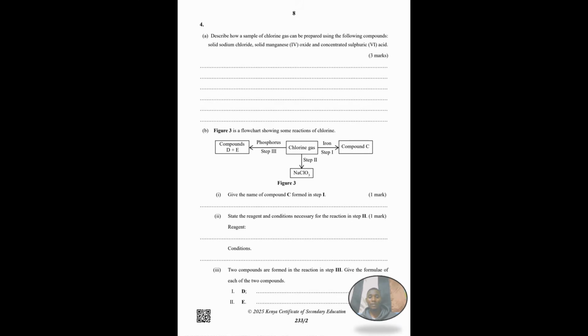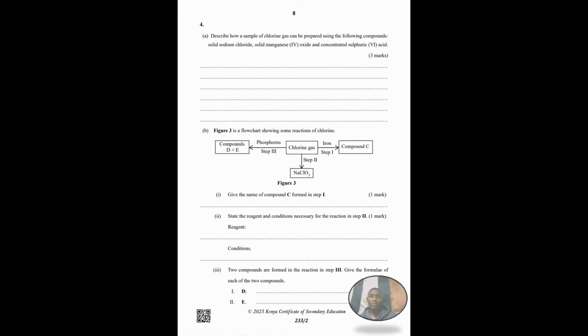Remember, sulfuric 6 acid is less volatile and it's able to displace any salt of any other acid or mineral acid. So in this case, sodium chloride reacted with sulfuric 6 acid will be able to give hydrogen chloride gas, because sulfuric acid is less volatile, so it is able to displace sodium from sodium chloride.